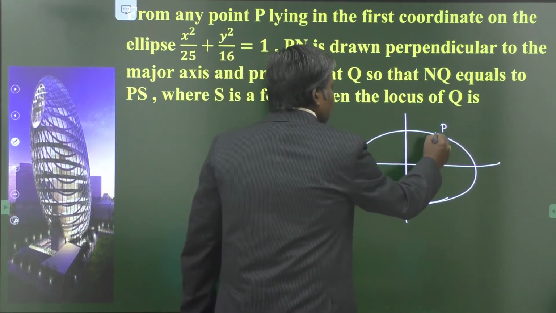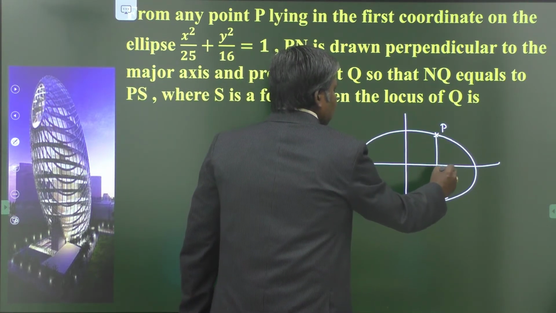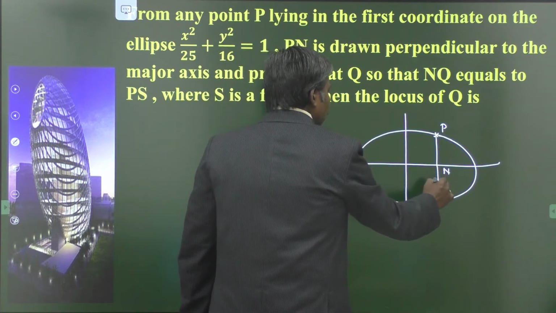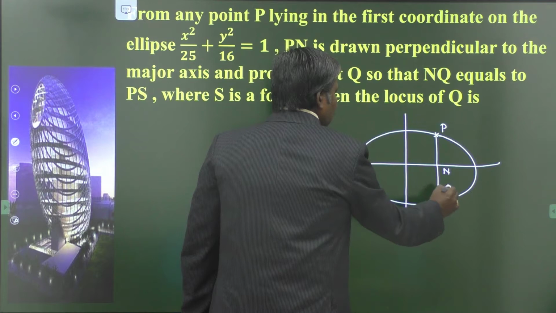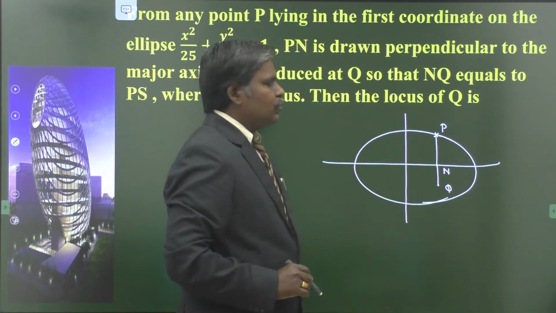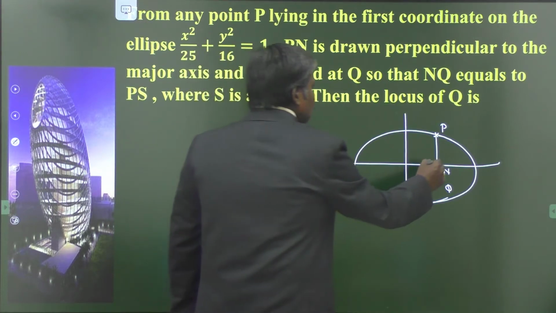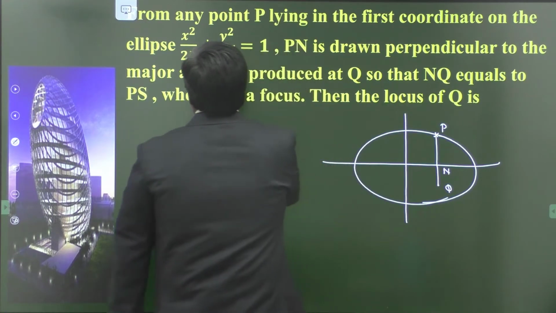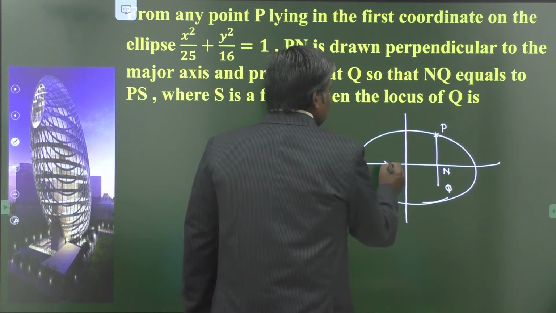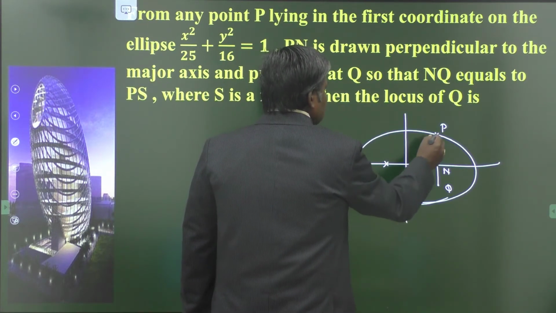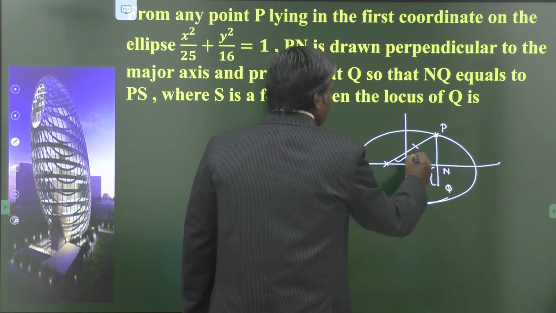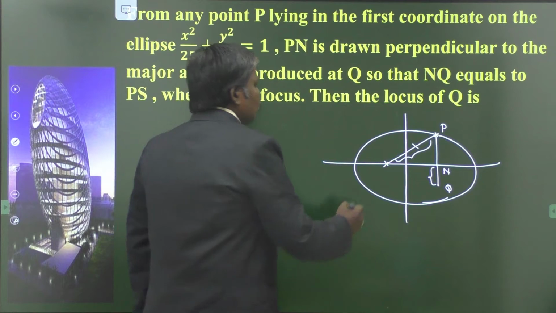PN is the ordinate of P. Produce PN up to Q. This is your point Q. We are going to find out the locus of this point Q in such a way that NQ is equal to PS. Suppose this is your focus. These two distances are equal. NQ is equal to PS.